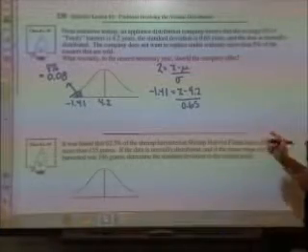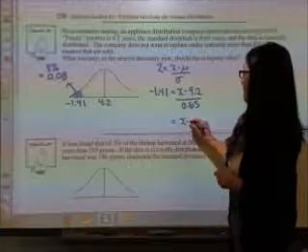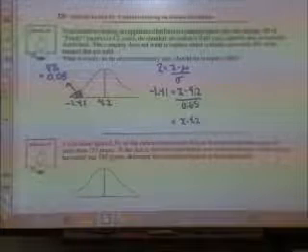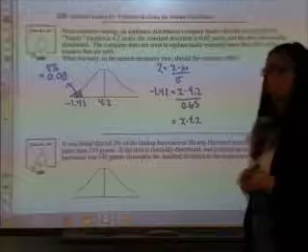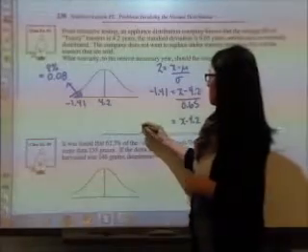Negative 1.41 times by 0.65. Okay, so when I multiply these two together, what do I get? Negative 0.9165.